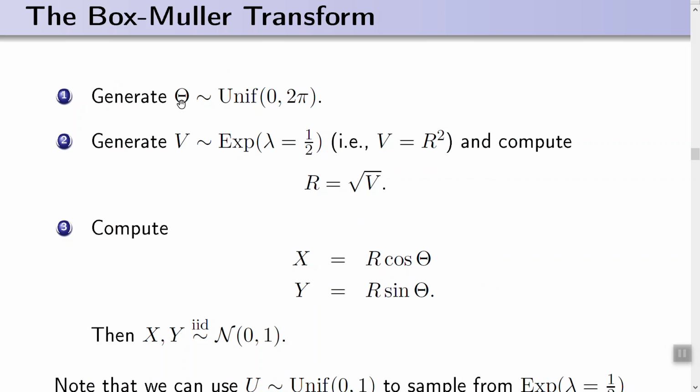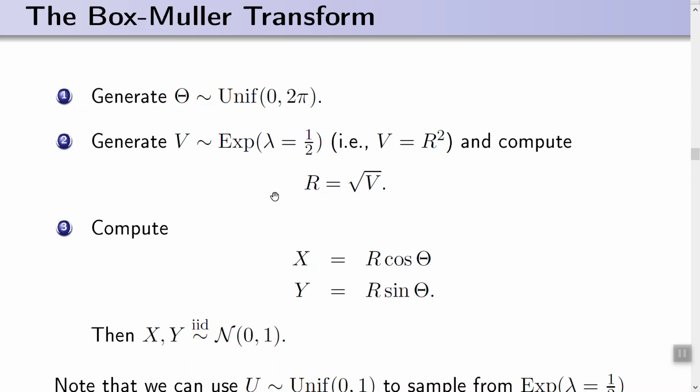All right, and so now we know how to generate values from the uniform. We're going to assume we can always generate values from 0 to 1. And then to generate values from 0 to 2 pi, you just take that value and multiply it by 2 pi. And then we'll generate a value v from the exponential with lambda equal to 1/2, which is easy enough for us also. Using inverse transform method, we can generate values from the exponential distribution.